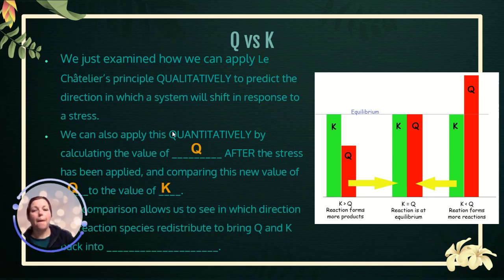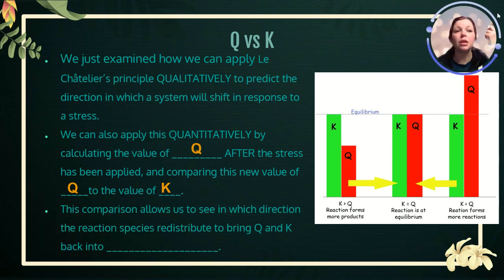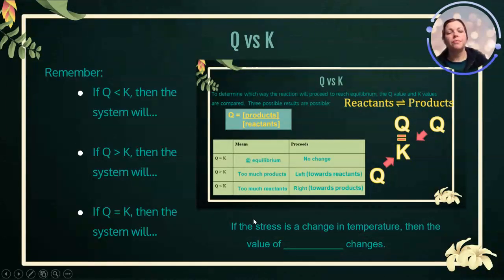Okay, so this Q versus K comparison allows us to see in which direction the reaction species redistribute to bring Q and K back into agreement. All right, so just a quick summary. This is a slide from my video on calculating equilibrium concentration, video 7.7.